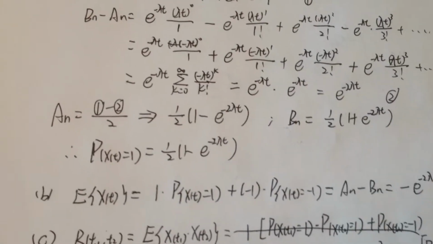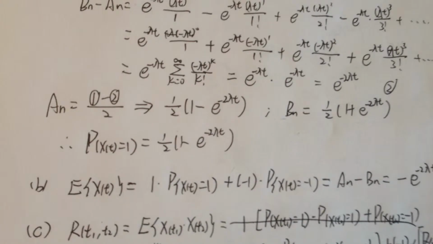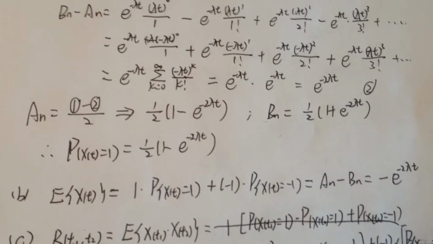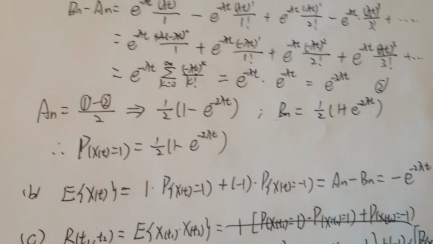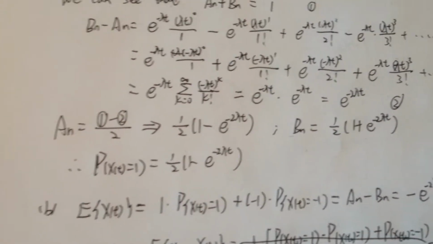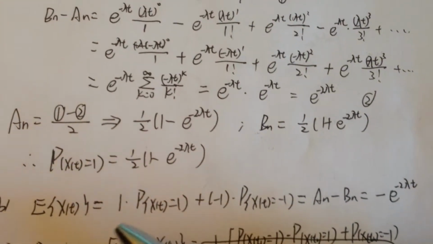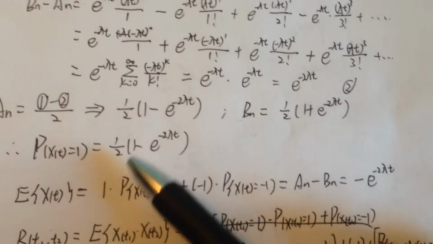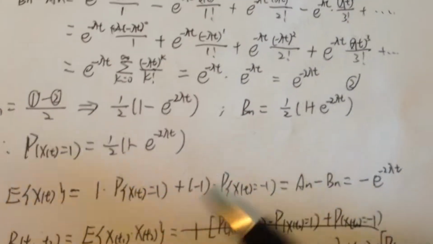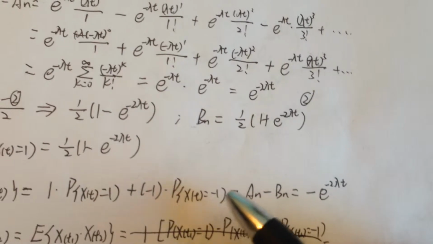And for the second question, we have to find the expected value of X(t). From the definition of expected value, we know that X(t) equals either 1 or minus 1. So it equals 1 times the probability of X(t) equals 1, plus minus 1 times the probability of X(t) equals minus 1.